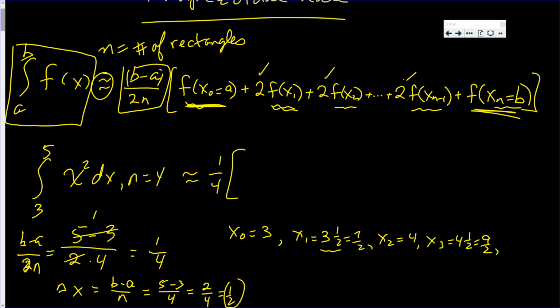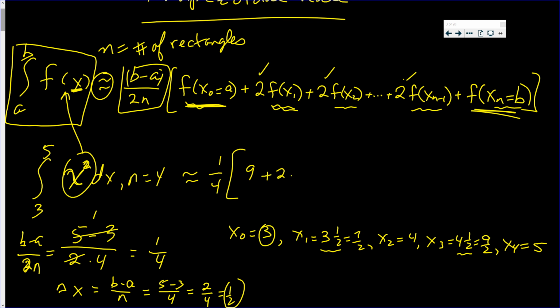Okay, so we know that this here is f of x. And what does f do to what's inside the parentheses? It takes it and it squares it. Very simple job. So first, I'm going to square that number, but all the others get 2 times.